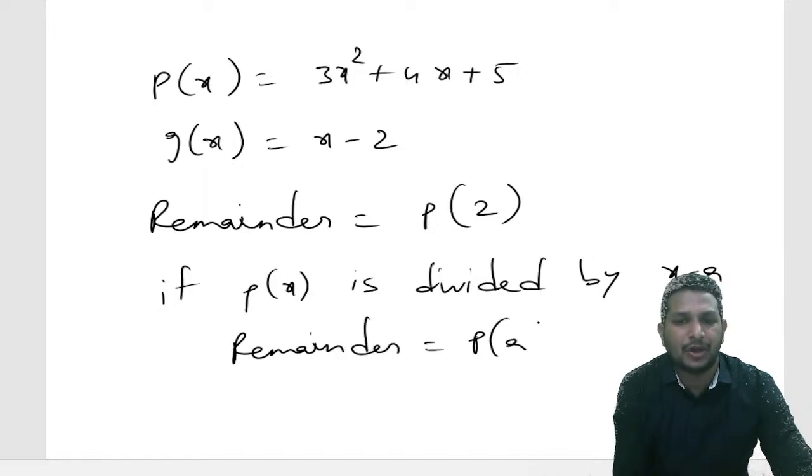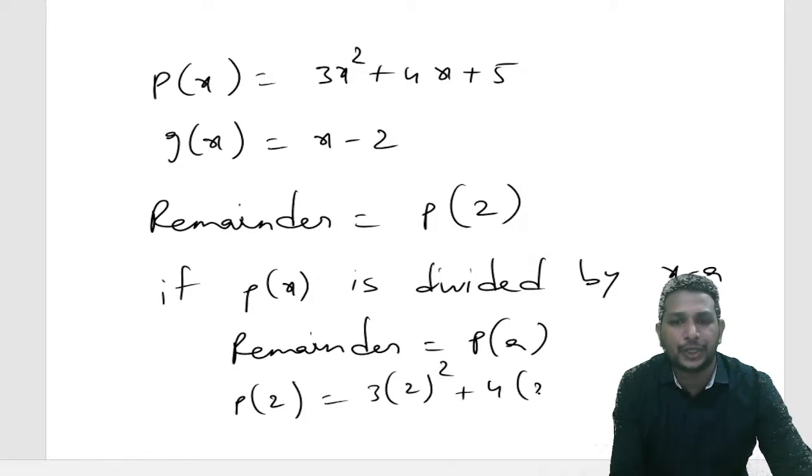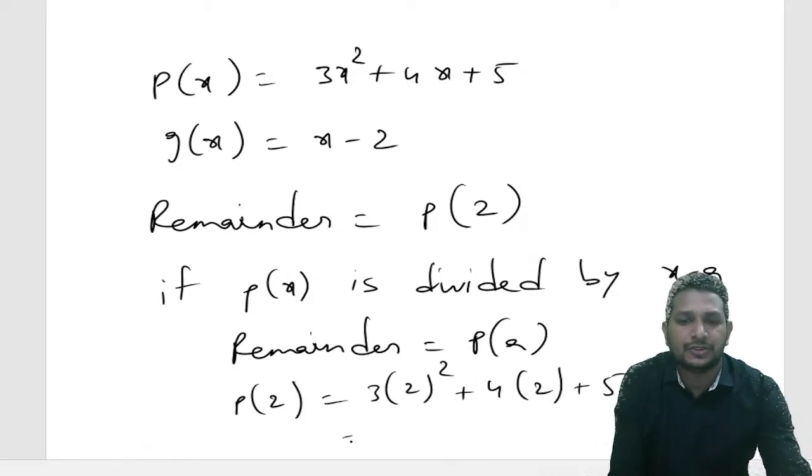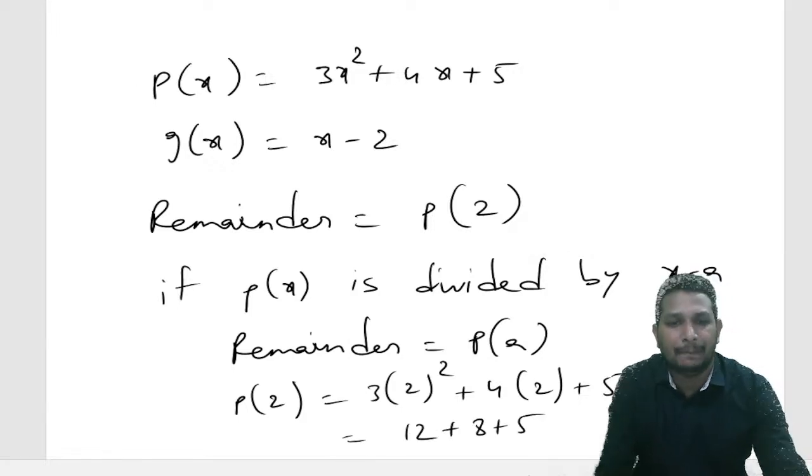We applied the same logic, p of 2. If I simplify this p of 2, how much do I get? 3 into 2 square plus 4 into 2 plus 5. 3 into 4 becomes 12, plus 8, plus 5, which is 25.